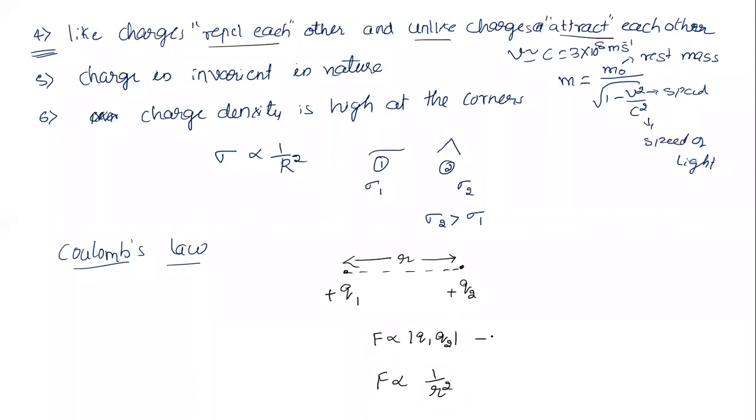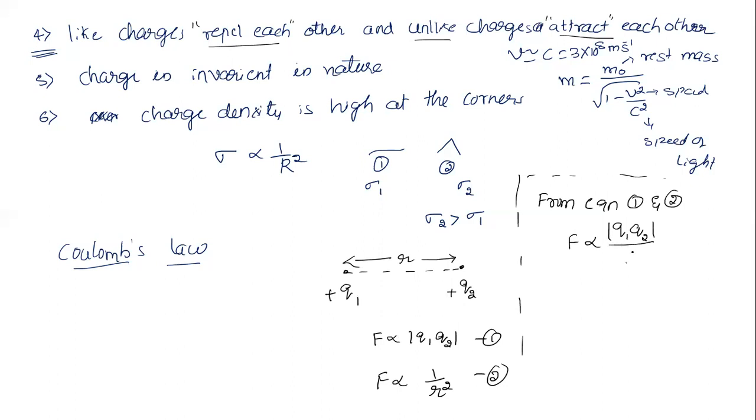Okay, so if I take this as equation number 1, and this as equation number 2, from equations 1 and 2 we can combine them. I can write force is proportional to the magnitude of Q1 Q2 divided by the square of the distance between them.